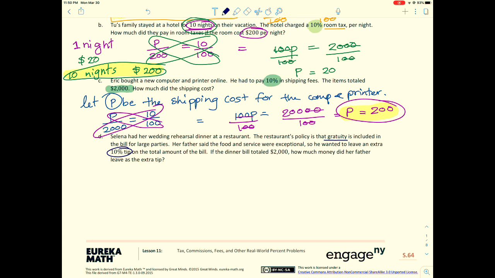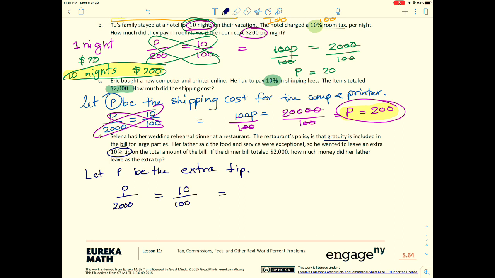Okay, so the dinner bill is $2,000, and let P be the extra tip. So P over the whole, which is $2,000, is equal to 10 over 100.